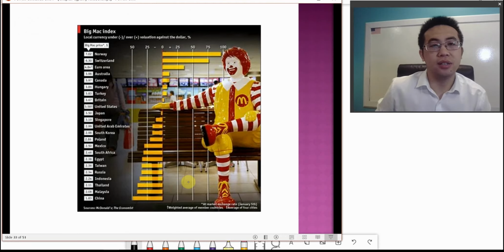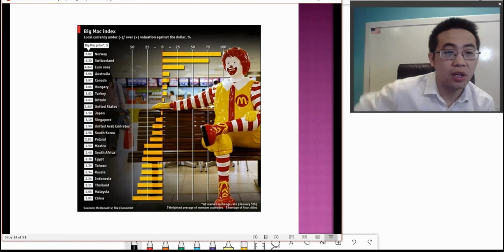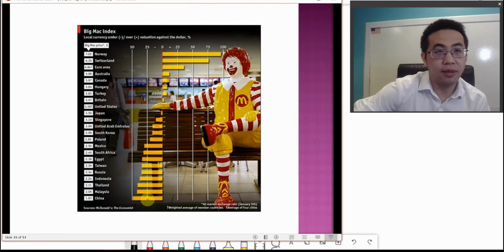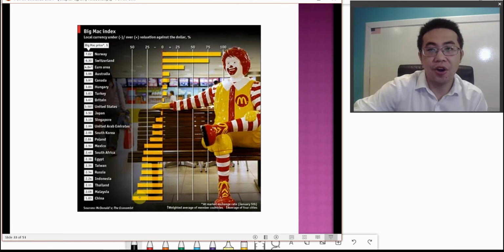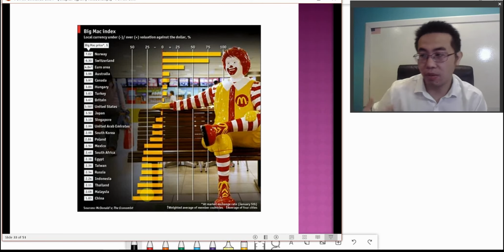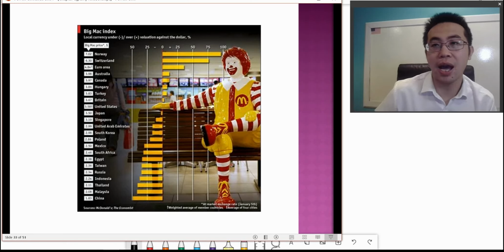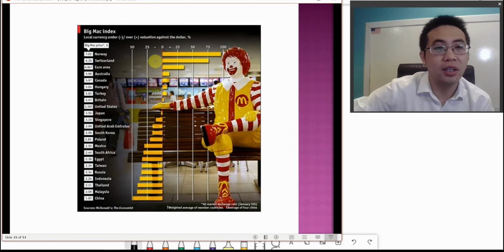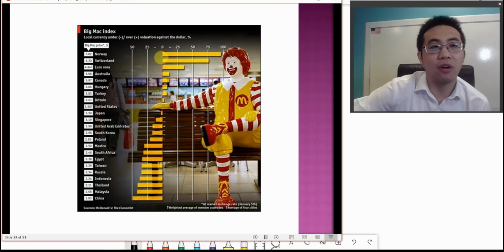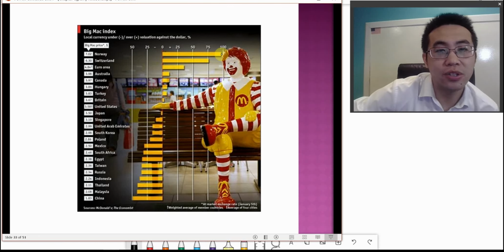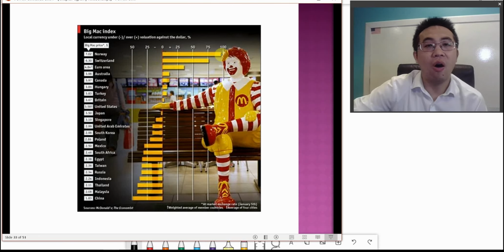Okay, and here is a picture showing the overvaluation or undervaluation of the major currencies. The Chinese yuan is down at the bottom. It's nearly 50% undervalued. That means the US dollar has twice as much purchasing power in China. And if you look at Norway, the Norwegian krone is almost 90% overvalued in terms of US currency.